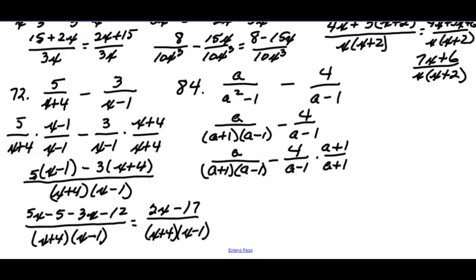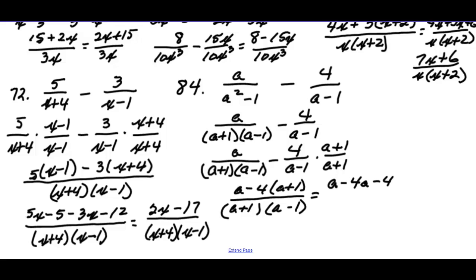What that gives us now is a minus 4 times the quantity a plus 1 over a plus 1 times a minus 1. That's equal to a minus 4a minus 4 over a plus 1 times a minus 1.